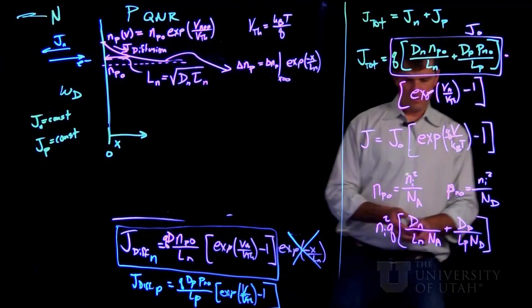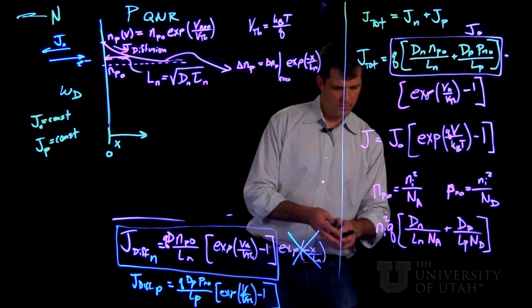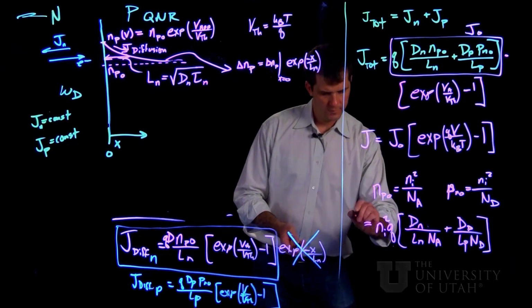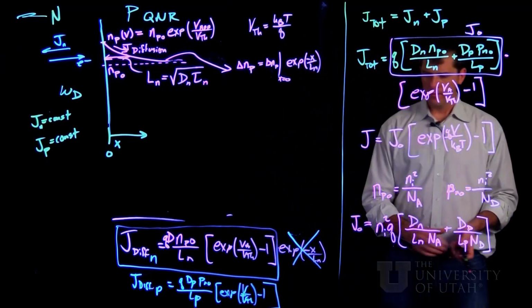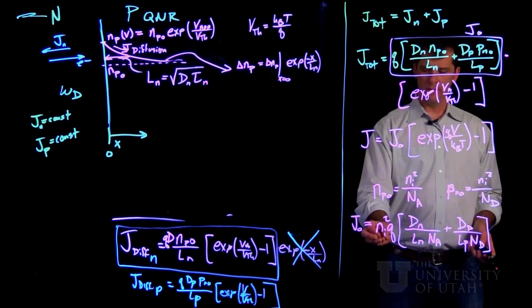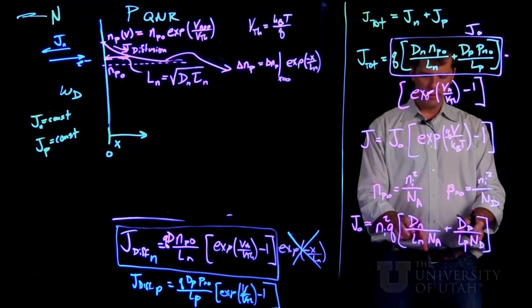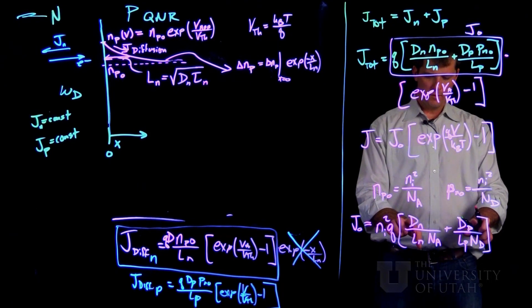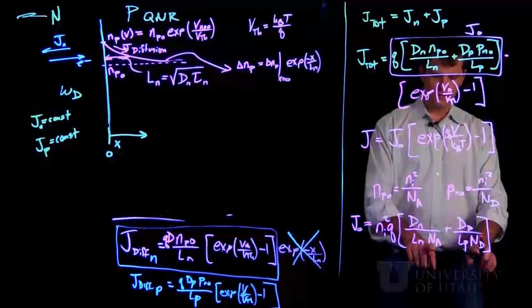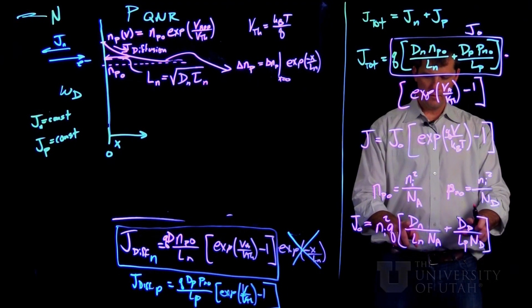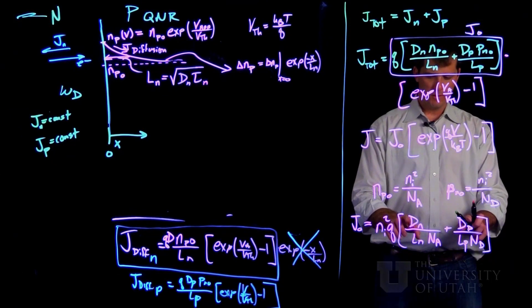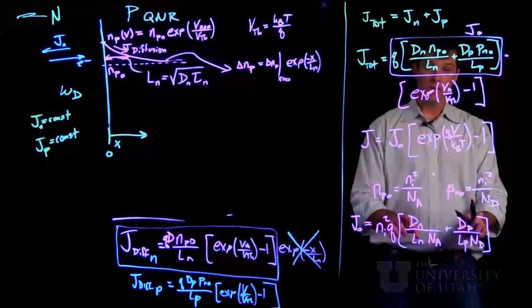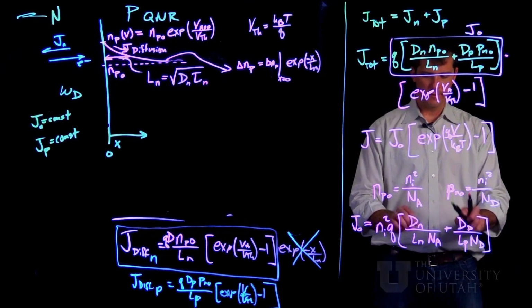So at the end of the day, this is our J0 expression. We see that it's actually proportional to Ni squared, as well as some constants here having to do with the doping on both sides and the mobilities and diffusion constants of the minority carriers on both sides.